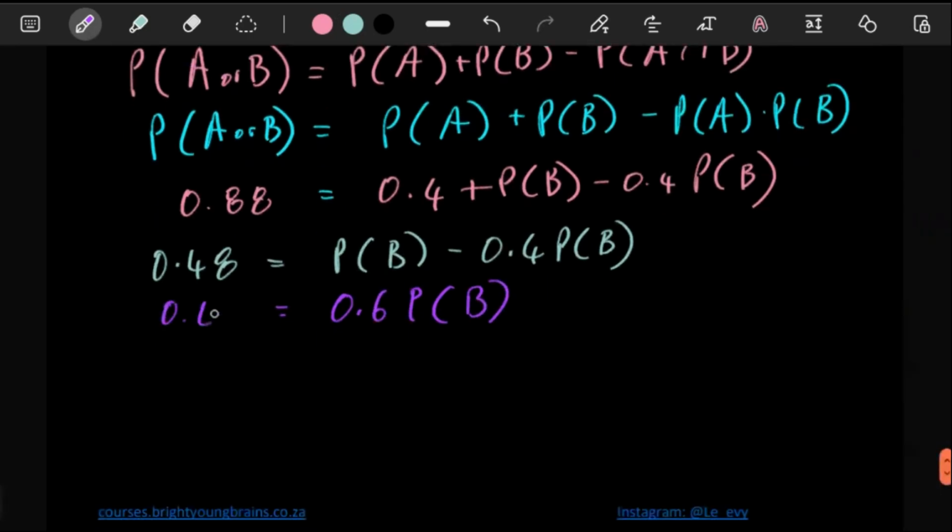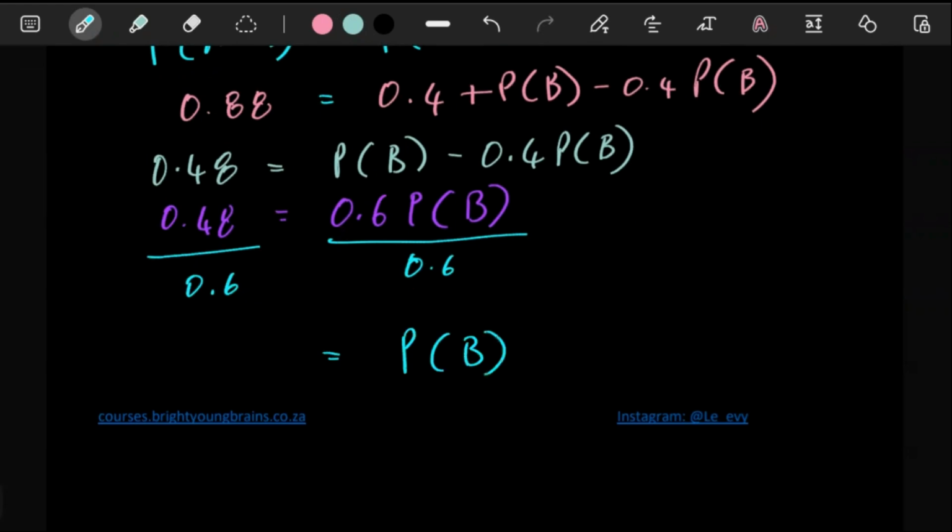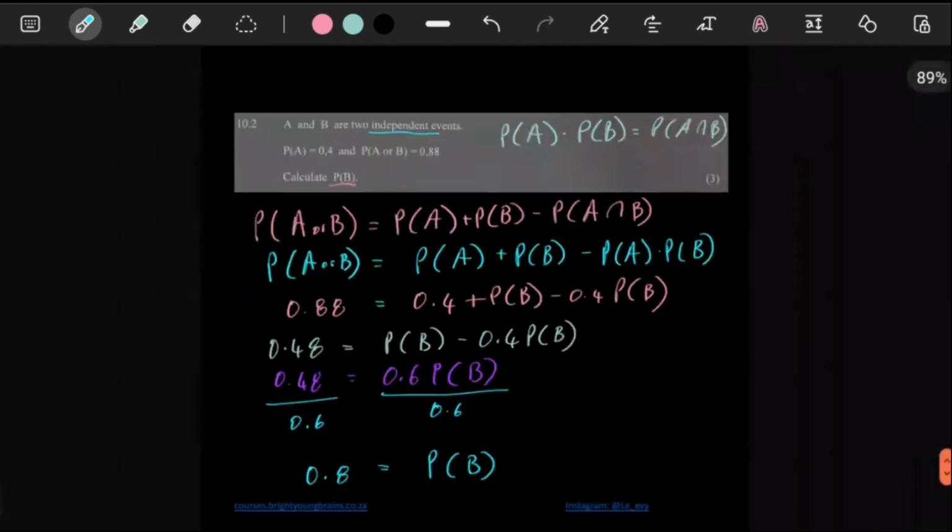And then divide both sides by the 0.6 there. What do we get? We have the probability of B. Divide by 0.6 here, that's going to be 0.8. Wow, such a big number. Yeah, it is what it is.